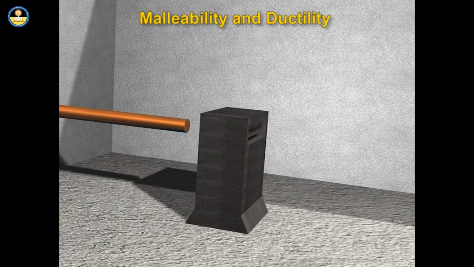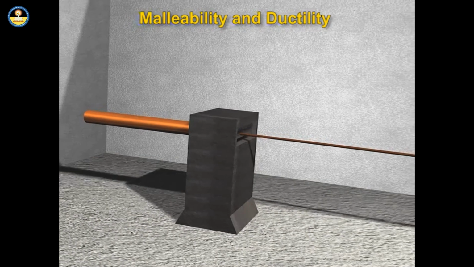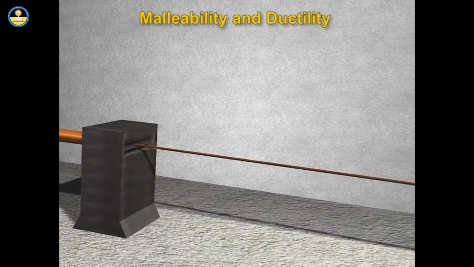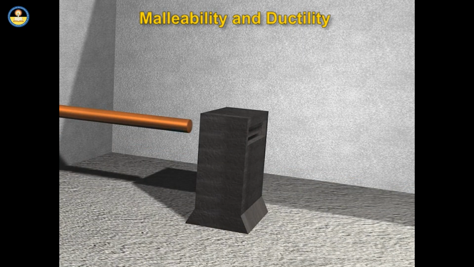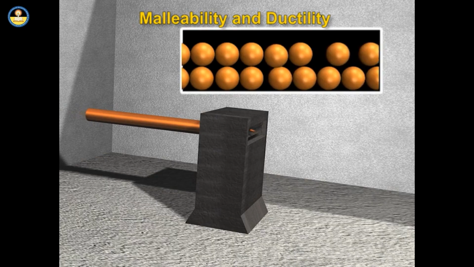Metals can be melted and drawn into thin wires. Because of this property, metals are known as ductile. The ductility property follows from the malleability property. While being drawn into wires, metals are stretched.